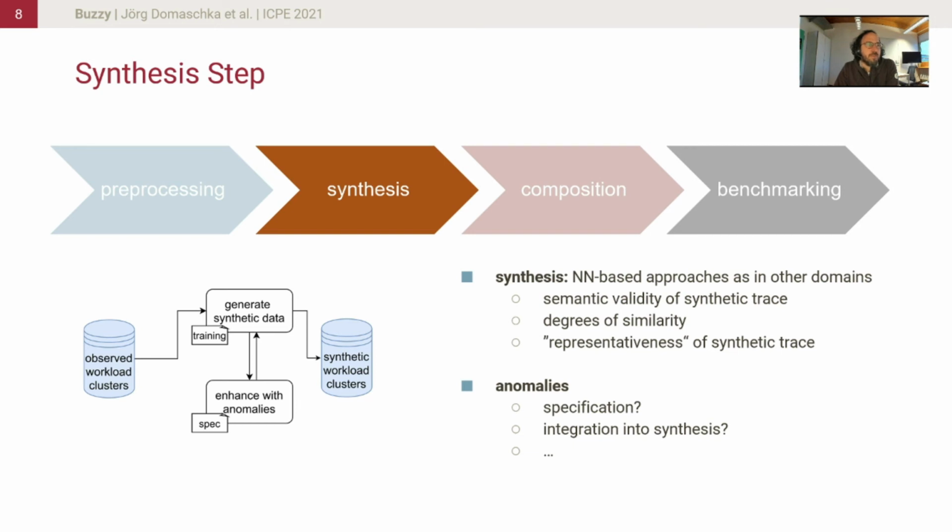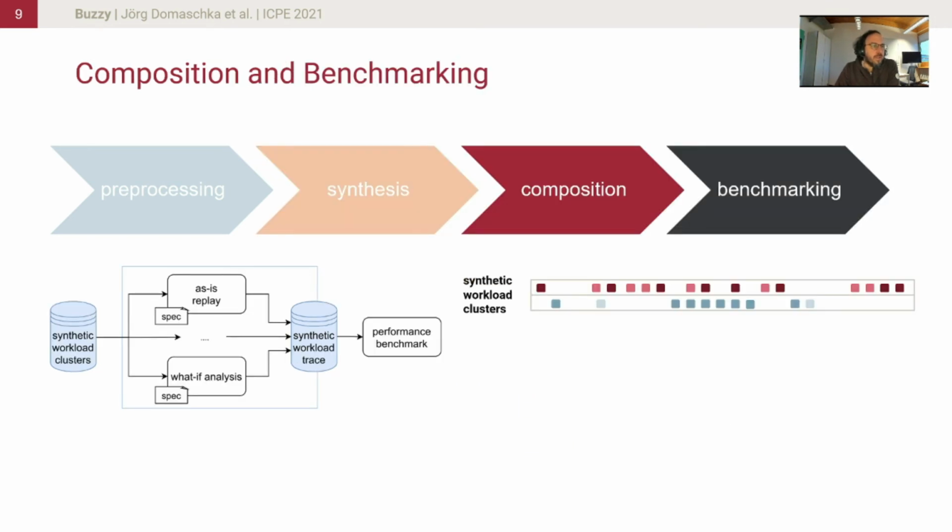The result of the step is a synthetic workload cluster, and in the composition step, we would take these clusters and recompose them in many possible ways. This could be as simple as just doing some sort of as-is replay.